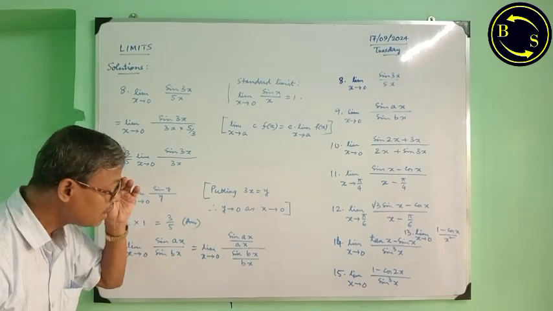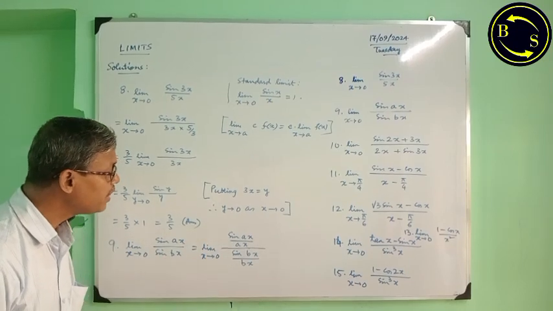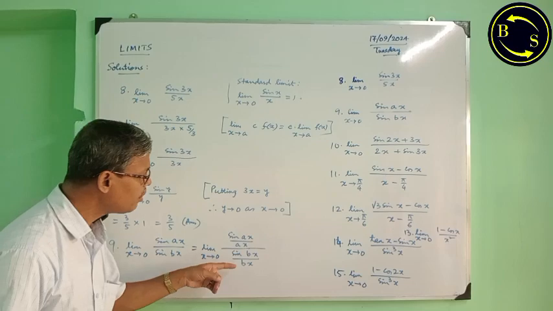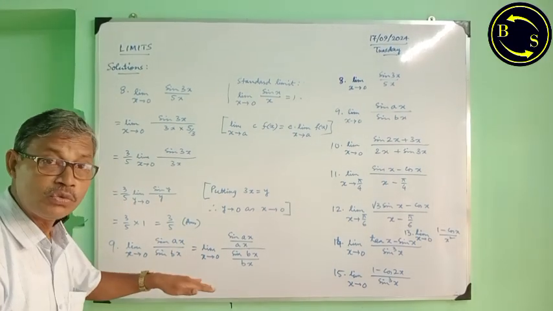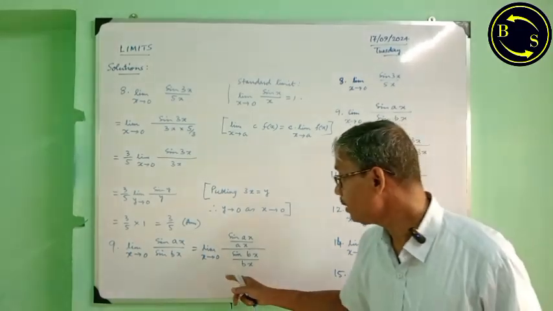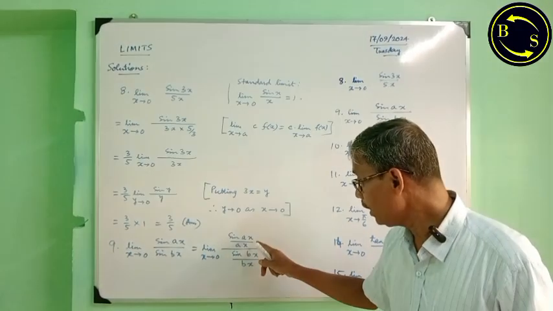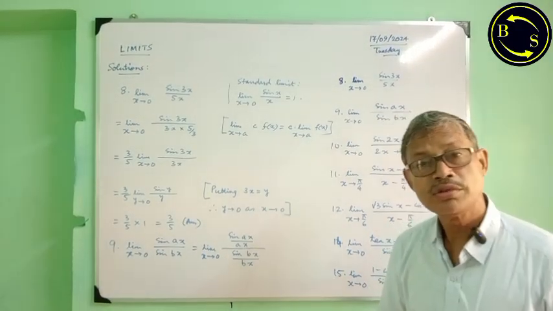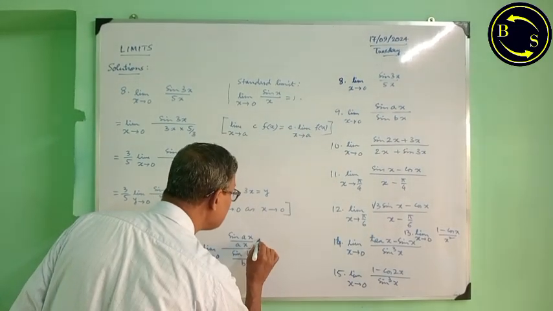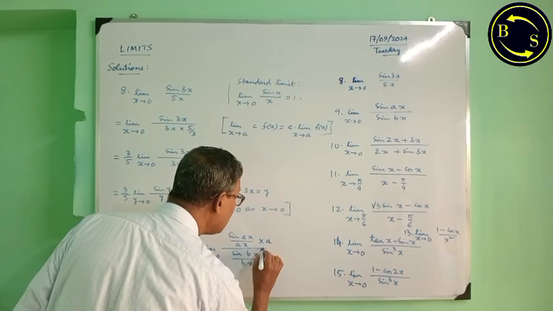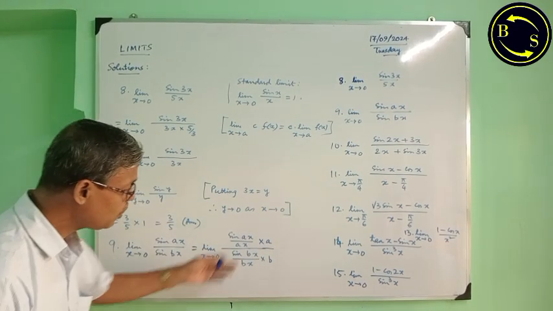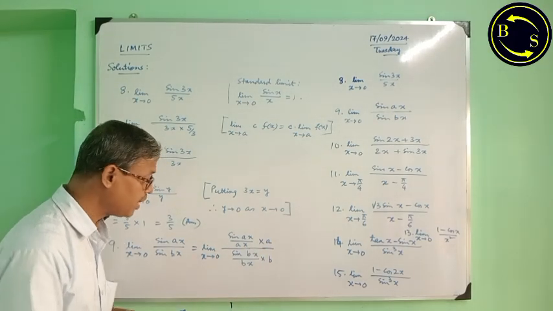Now what we see that we have divided the numerator and denominator by some multiple of x. Can we do that? That is the question. Answer is yes. Here x tends to 0. Therefore ax, bx both tend to 0. Now for balancing we multiply the numerator by a and the denominator by b. Now we find a by b, that is a constant.